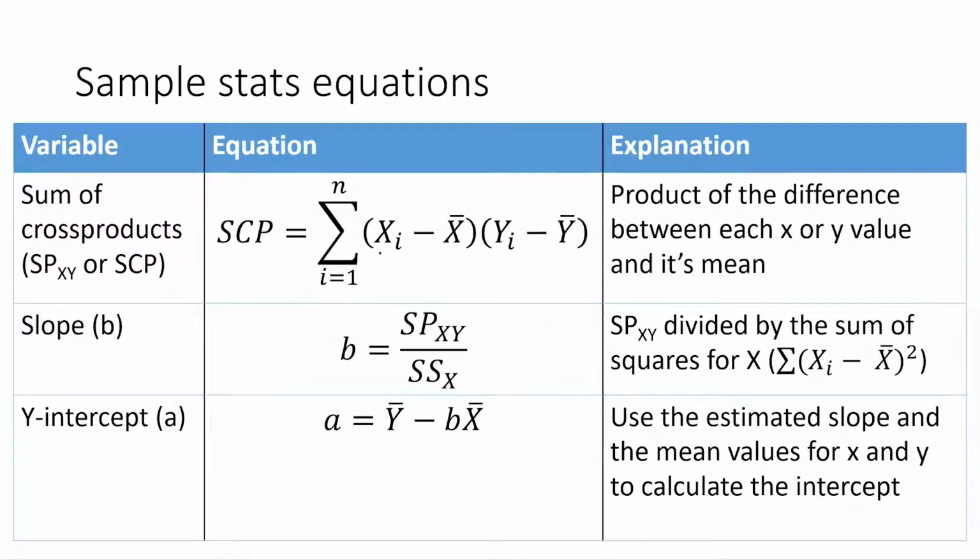So comparing each X to the mean of X, each Y to the mean of Y, multiplying the two differences together and then summing those. Our slope is then our sum of cross products divided by our sum of squares for X. And our intercept A is calculated as the mean of Y, so the mean of all Y values, minus the slope times the mean of X.